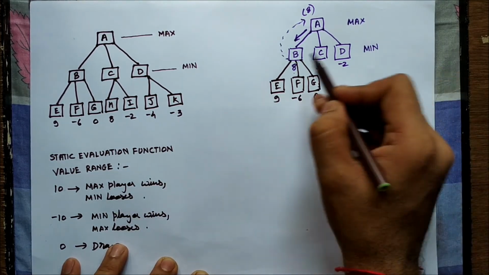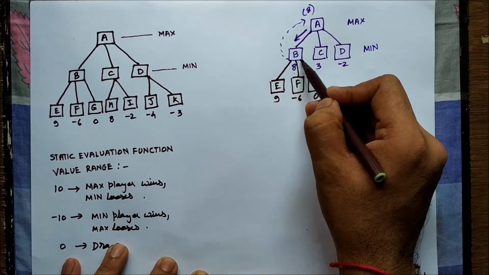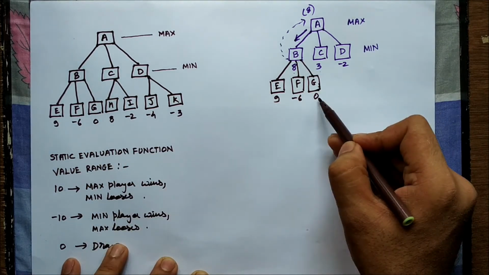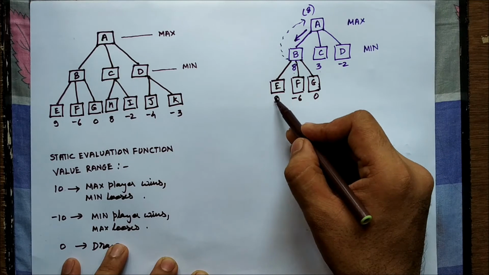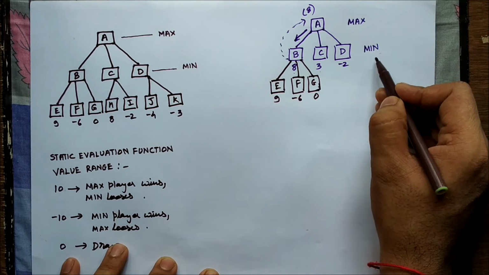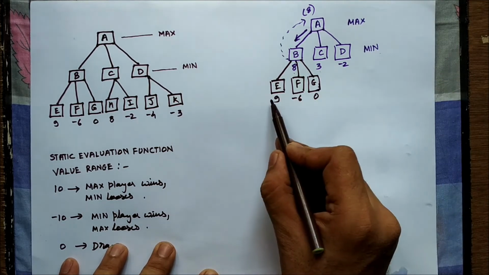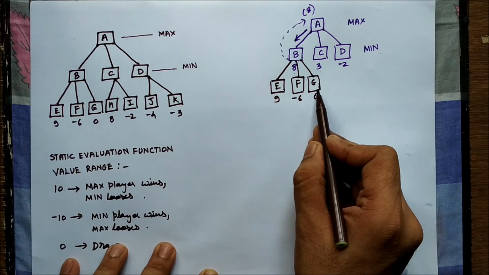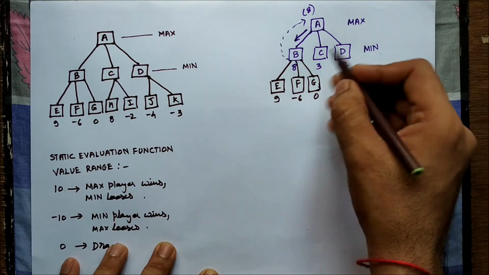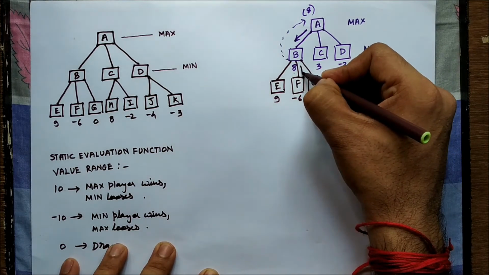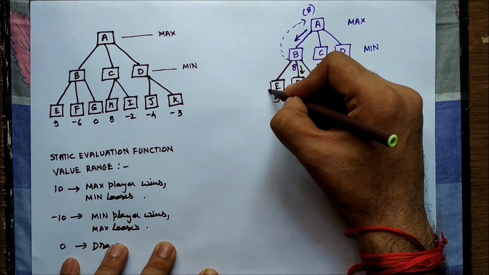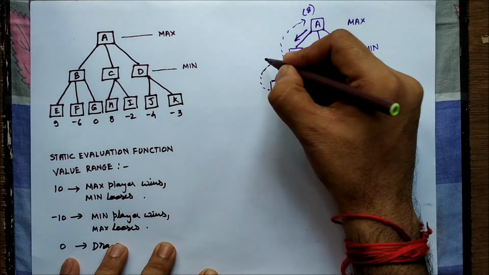So for the min player at B, when the moveGen function is applied, it generates 3 possible nodes, and the static function generates the corresponding goodness values. Now since the aim of the min player is to minimize, out of these 3 nodes it is going to select the node which gives the minimum value of goodness, minimum with respect to the max player. So it's obvious that it is going to select F with value -6. Once it selects F, the value backed up at B will be -6.